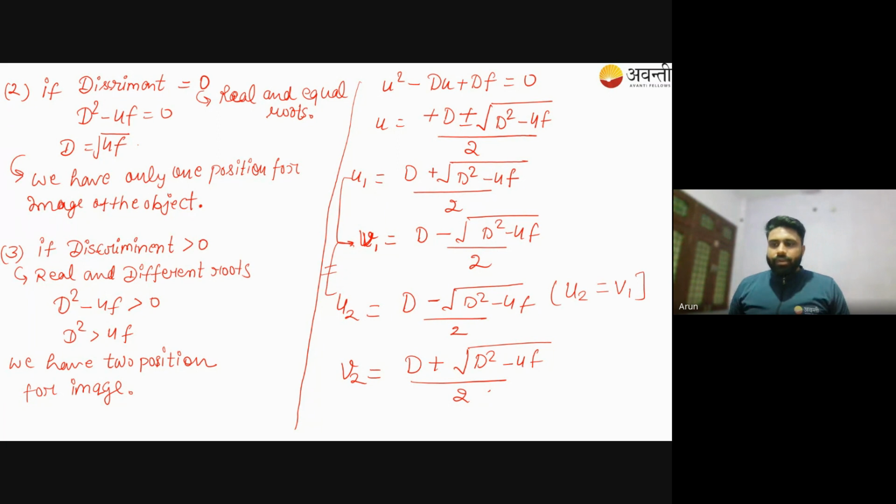So firstly we have placed the object at the u1 position, and the image we are getting is at the v1 position. Then we place the object at the v1 position, so the image we are getting is at the u1 position, and vice versa. So this is the displacement method of finding focal length.